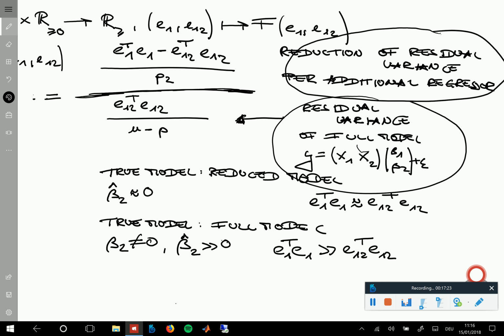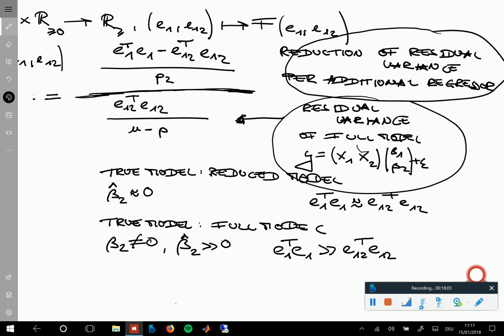So the absolute value of the reduction of residual variance is not that interesting. For example, if it's 10 and the overall variance is also 10, then that's not that interesting. But if the reduction in the residual variance is quite large compared to the overall variance, then you get a larger value. Yeah. That's F statistics.